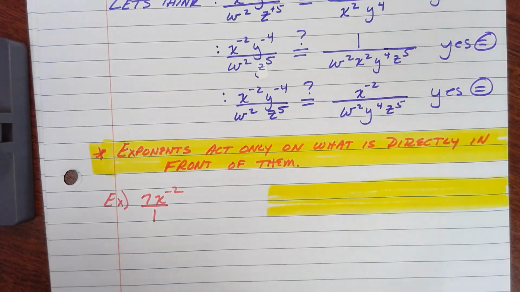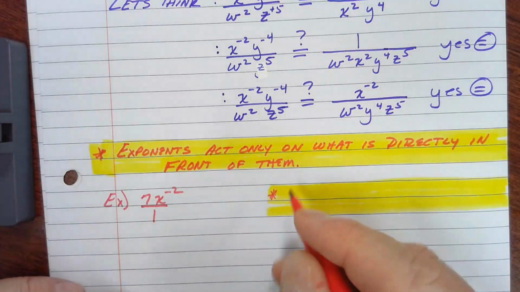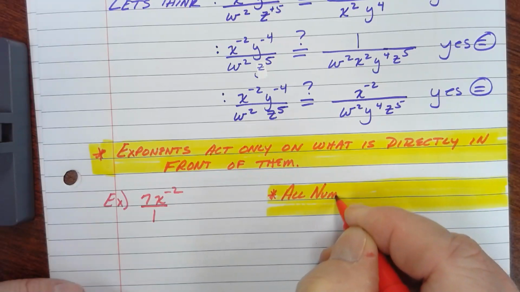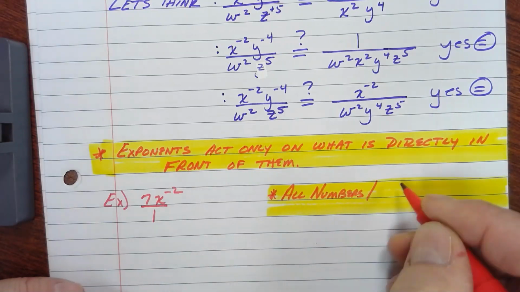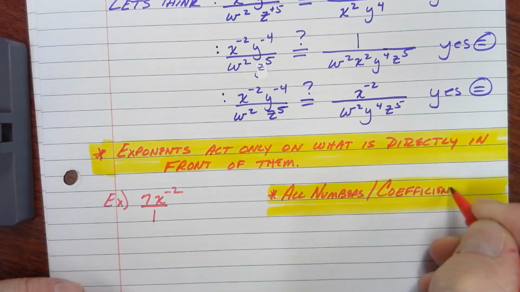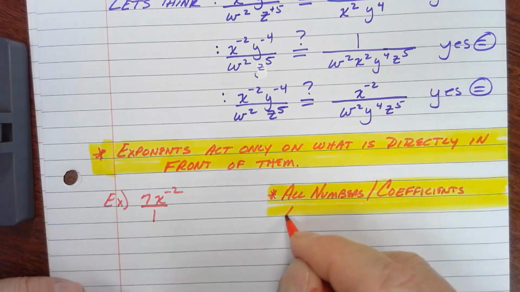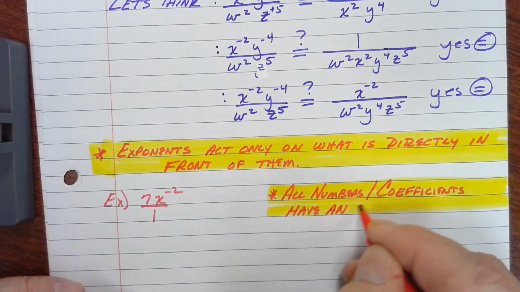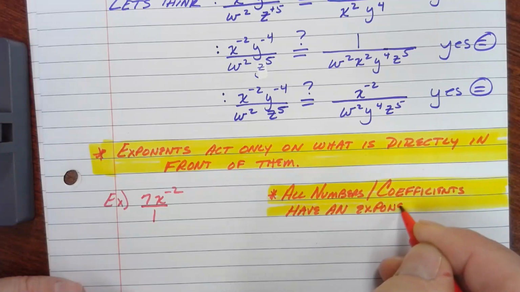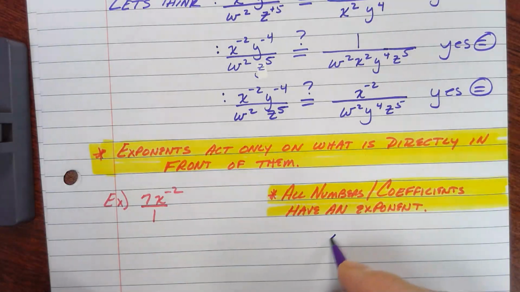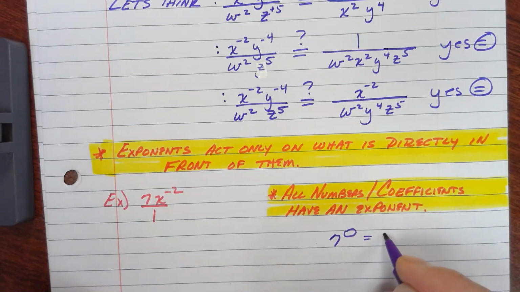Now, a key point of information here is that all numbers as coefficients have an exponent. And if they don't, it's an unwritten 1.